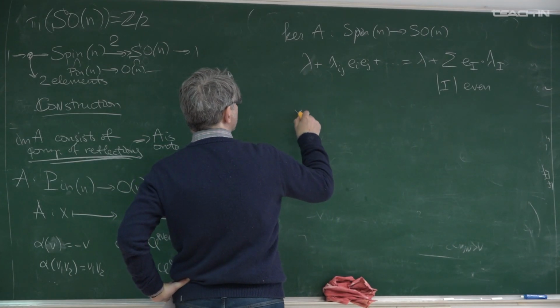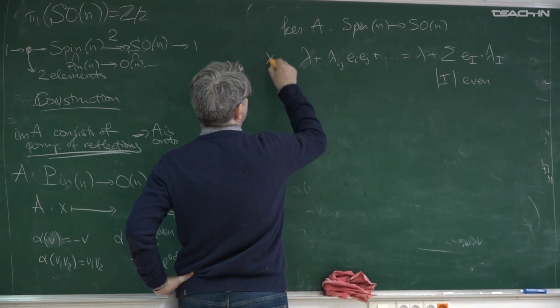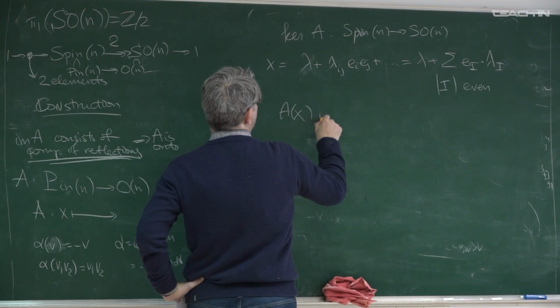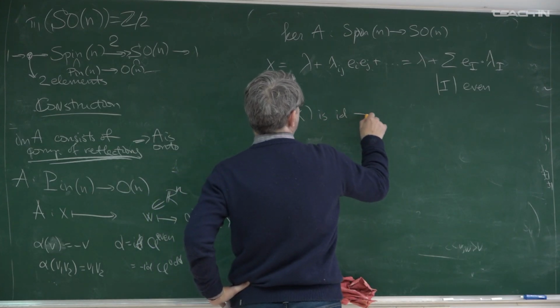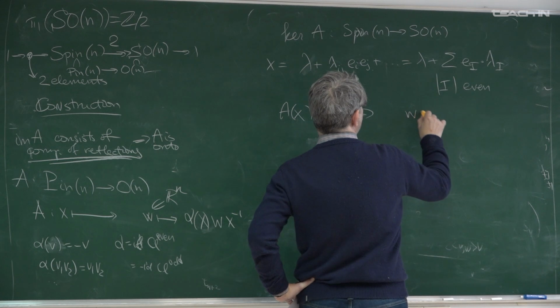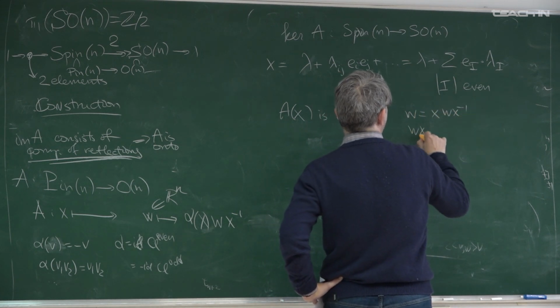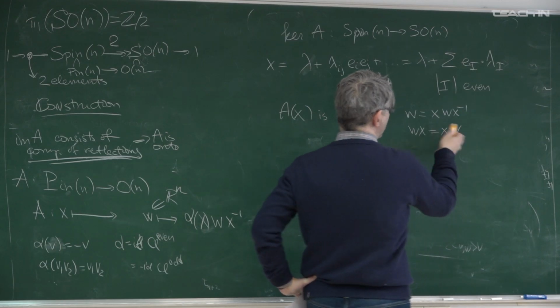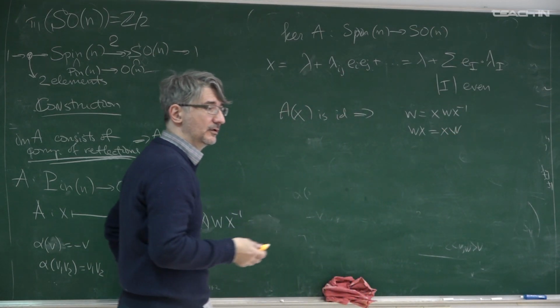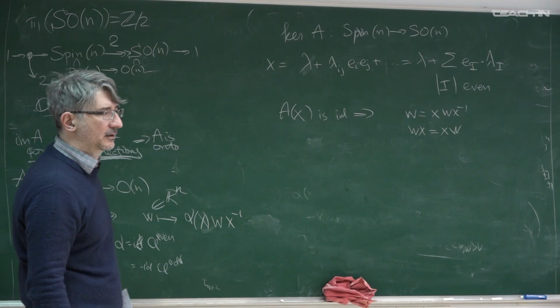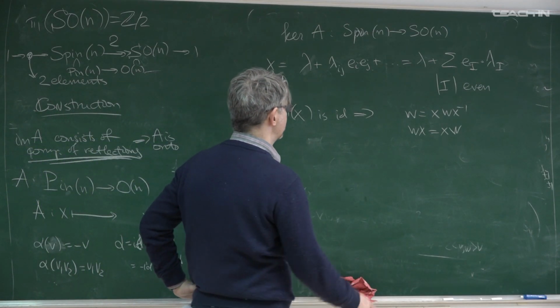If A(x) is the identity, what does it mean? It means that w x x minus 1, that is w x, is equal to x w. That means that this element commutes with any vector. Let me try the vector e1.